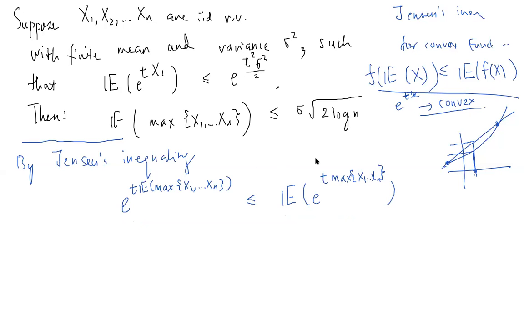All right, so is it clear? This is your function. You treat this max of all these as one random variable, so your function is the exponential function.